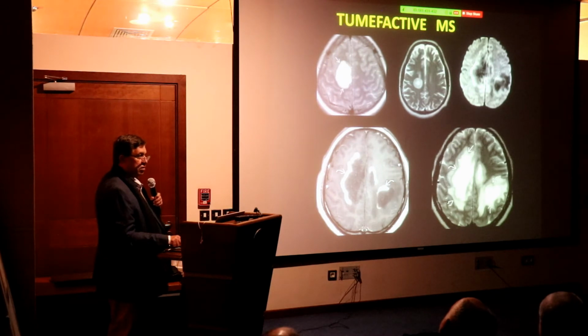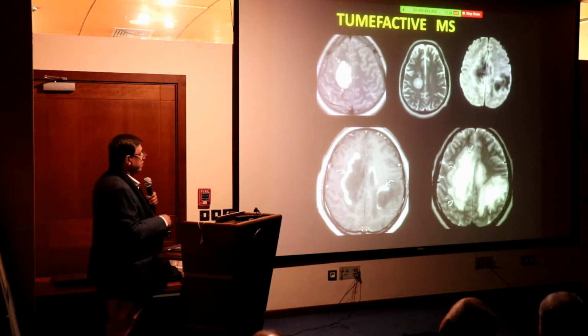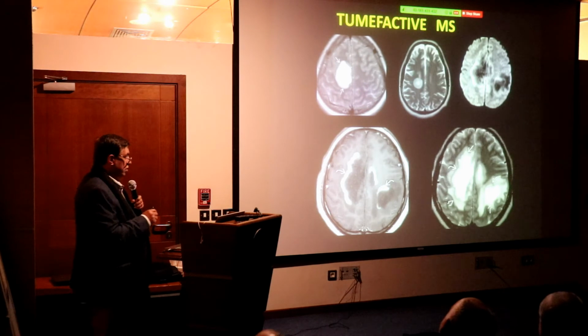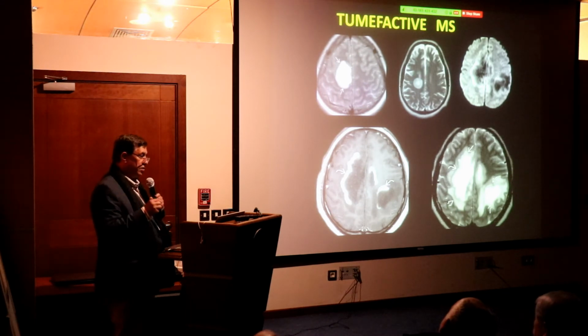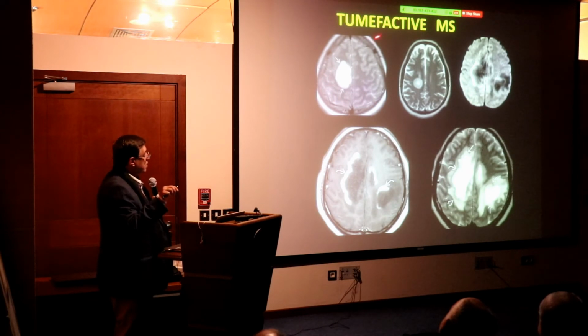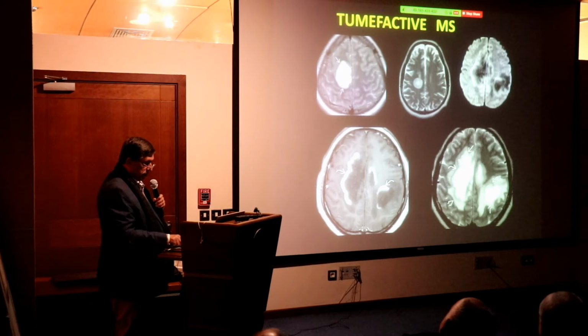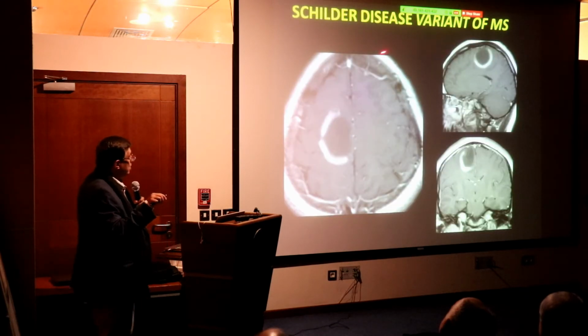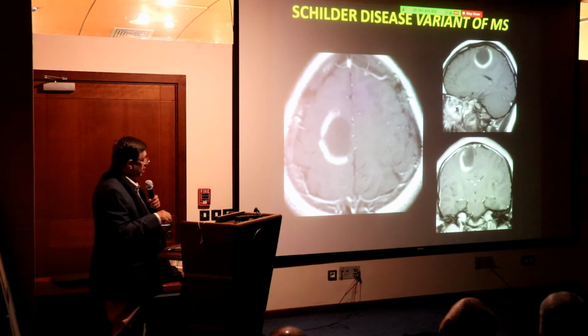MS, multiple sclerosis. We don't think of tumefactive form of MS, though we should. We're only looking for periventricular lesions in the brain or the spinal cord. We're forgetting about this subtype of multiple sclerosis. It looks like a tumor, tumefactive. And there is some subtype of it where part of the lesion is contrast enhancing.